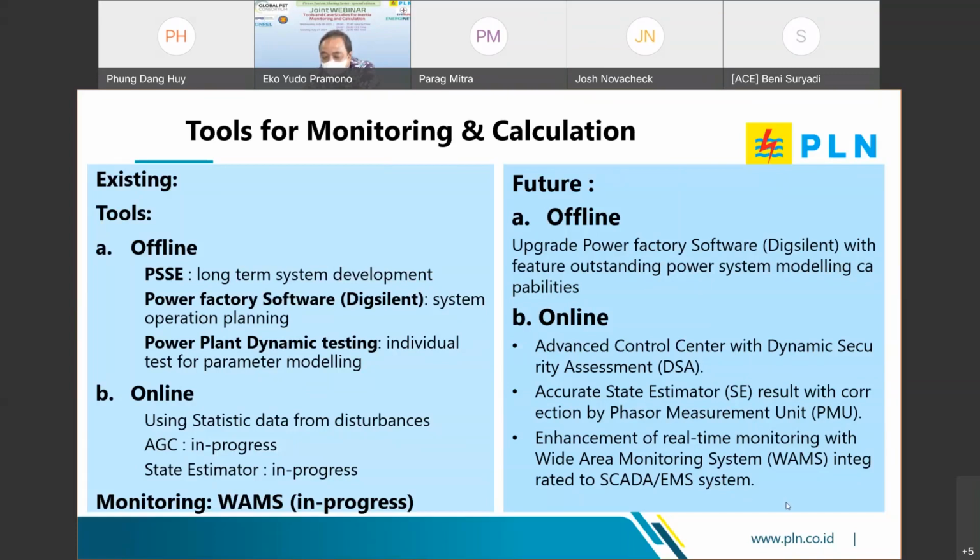So in the advanced control center, the system assists dispatchers in monitoring and calculating system inertia online.